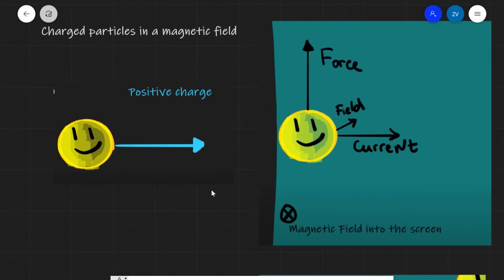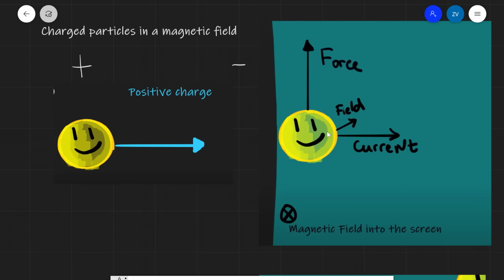Now, if the field direction is directed into the screen, we can apply Fleming's left-hand rule. Because this is a positive charge, the direction of current will be from positive to negative. In this case, this will be to the right, so the current is going to the right. The field is going into the screen, so if we apply Fleming's left-hand rule, there's going to be a force which will be acting upwards.